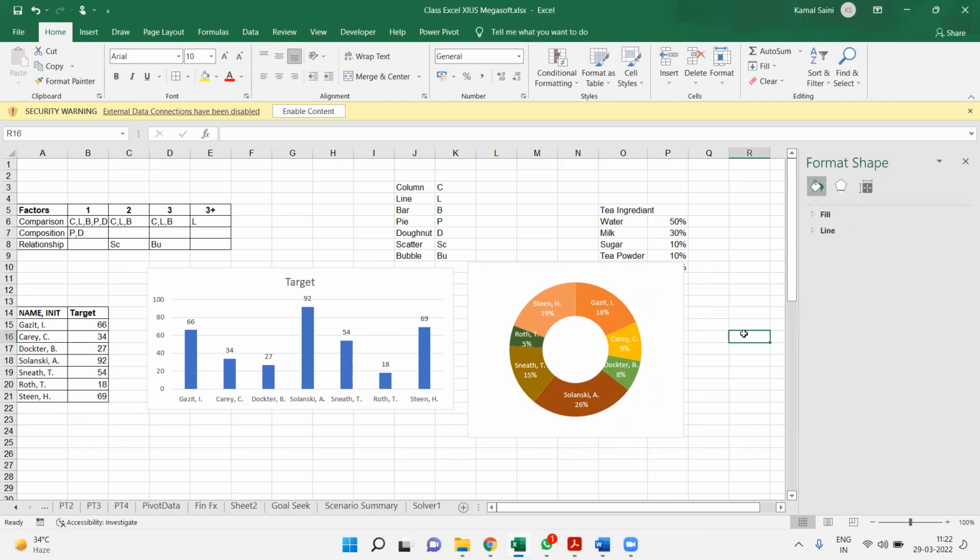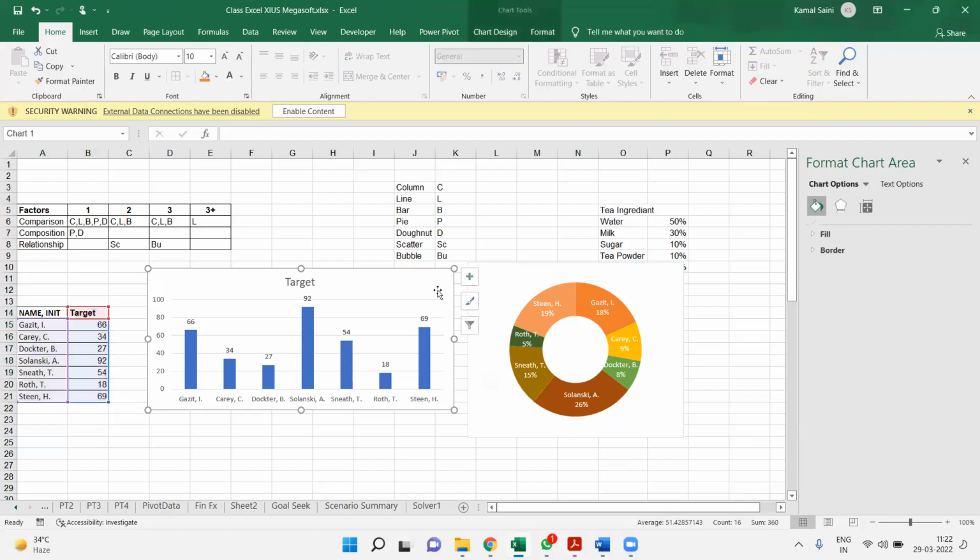Yes, this one is okay with everyone. So just get this data, right? This random data, and try to make this kind of a chart. These two options. Do it fast, please.